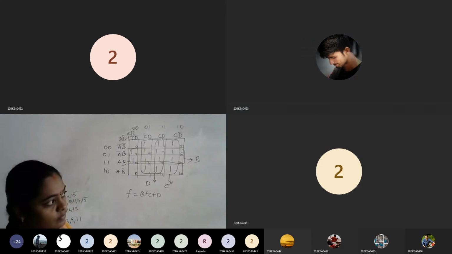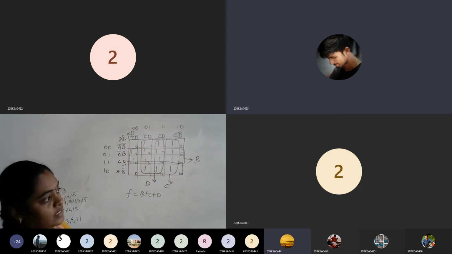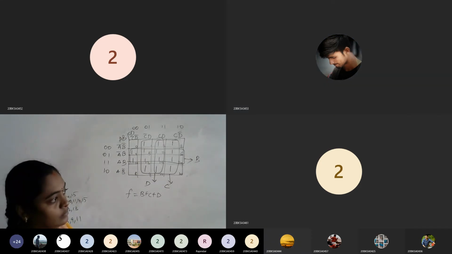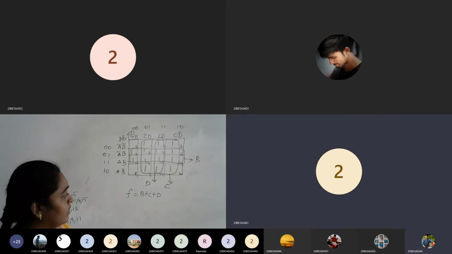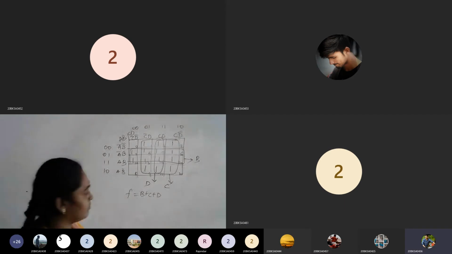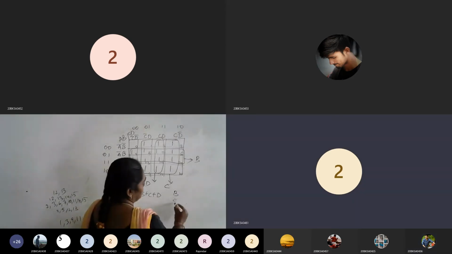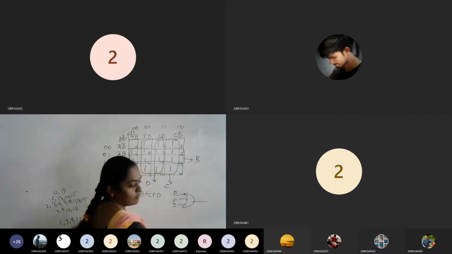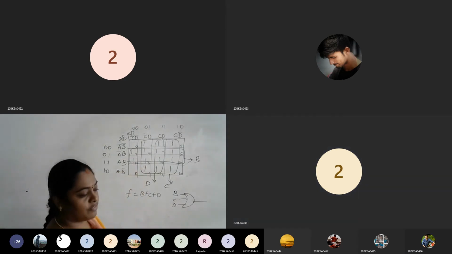How many gates do I require? Only one gate, a B, C, D OR gate. But for the given expression, how many gates are required?